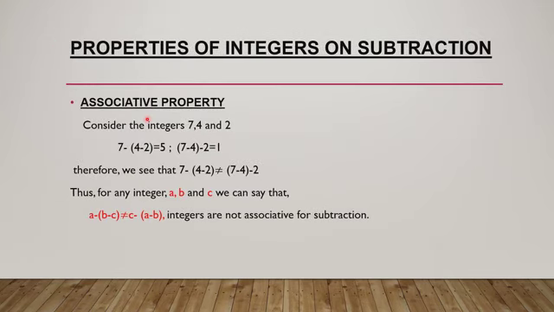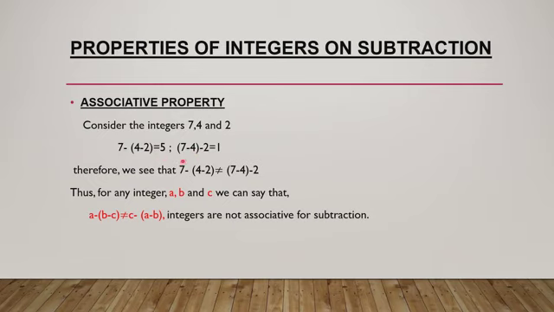The third property is the associative property. If you remember, in case of addition, if I rearranged the numbers in any order, like A plus B plus C or C plus A plus B, my answer remains the same, but it does not happen the same way in case of subtraction. In subtraction, 7 minus 4 minus 2 gives 1.